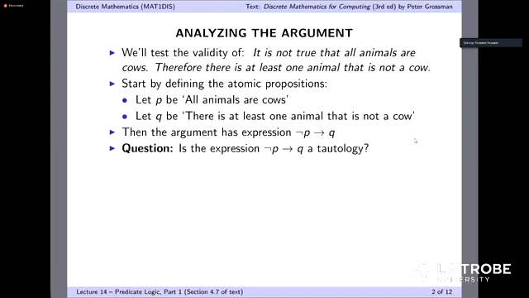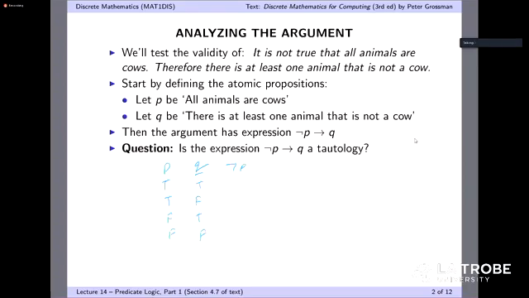Is this expression a tautology? You can quickly make the truth table. Let's say P is true, true, false, false, and Q is true, false, true, false.